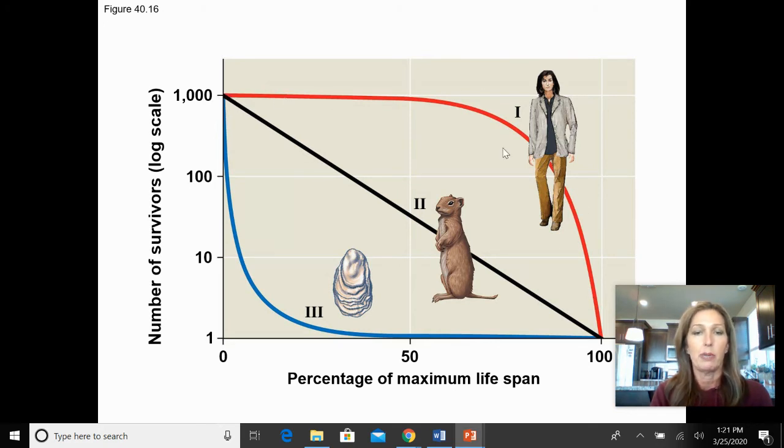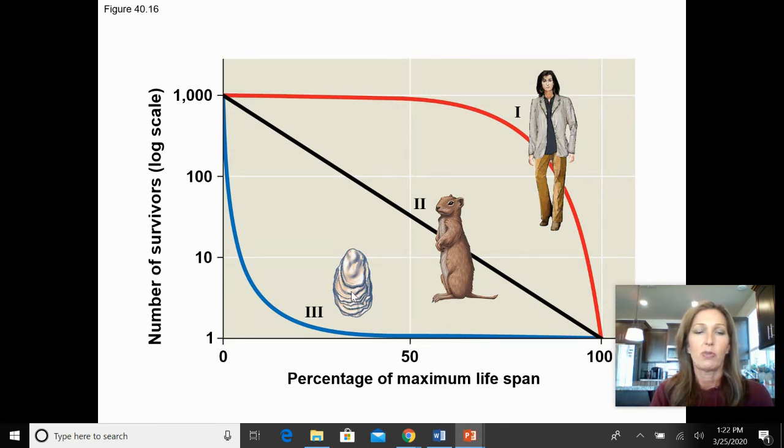In a type 2 survivorship curve, deaths occur at any stage, at a very unpredictable time, either the beginning of life, the middle of life, or later in life.